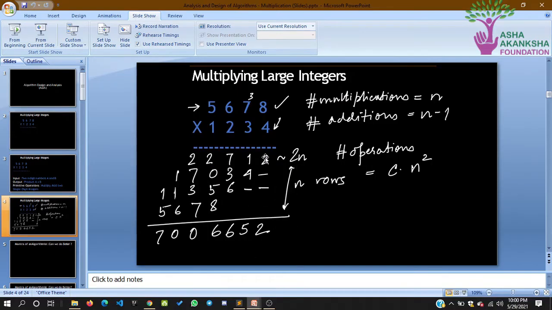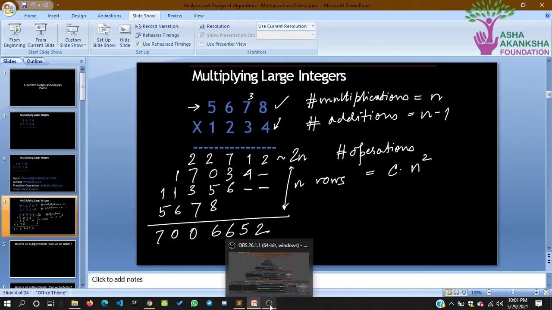Now we just add the columns. At most there can be 2 into n columns, because after each row is filled, we just keep appending zeros, and hence in the worst case there can be 2 into n numbers for each row, and there are n rows and there are 2 into n columns.